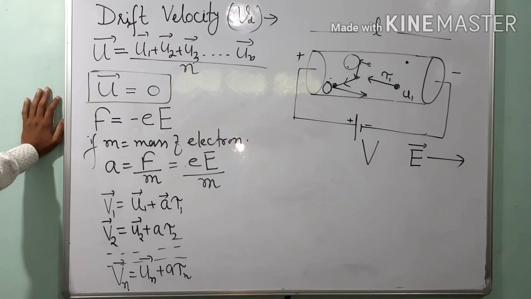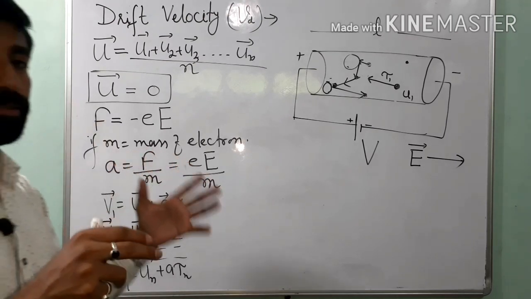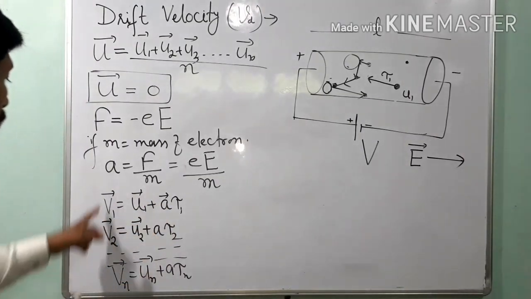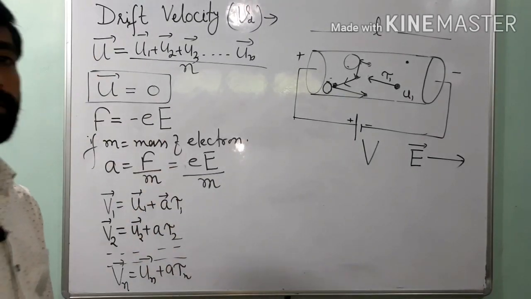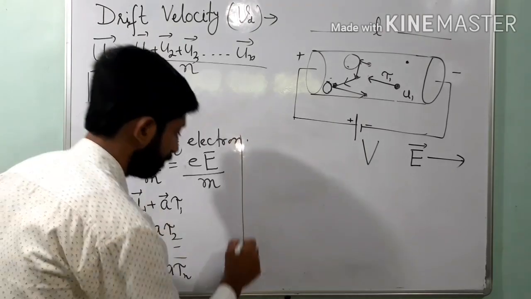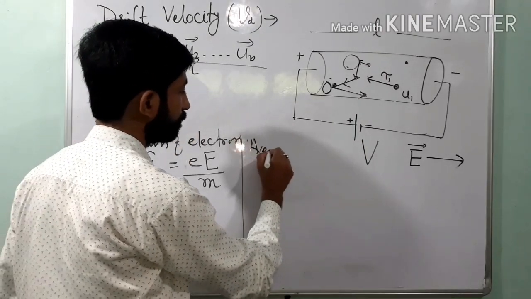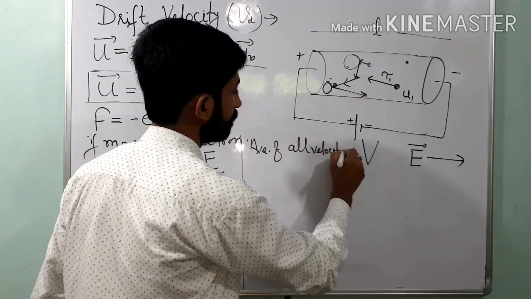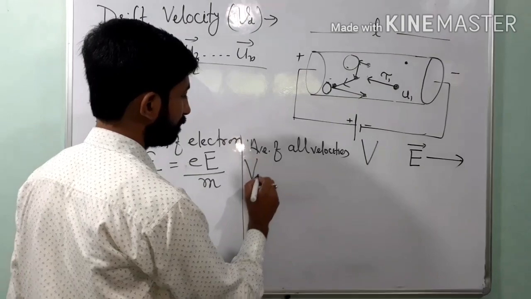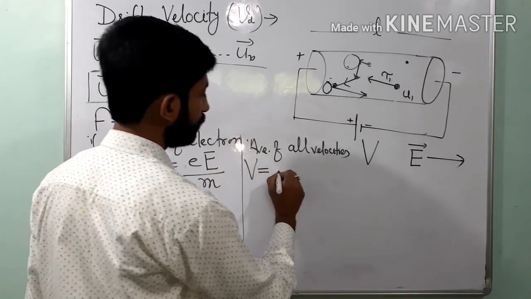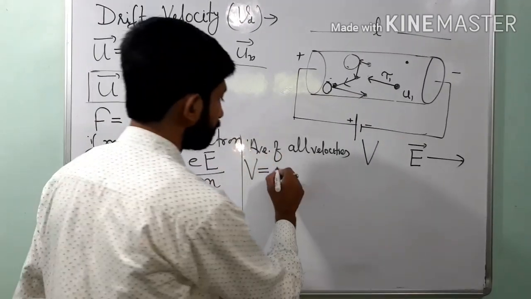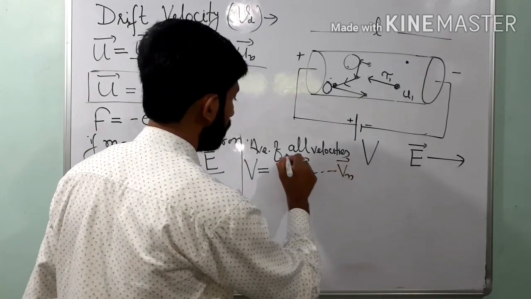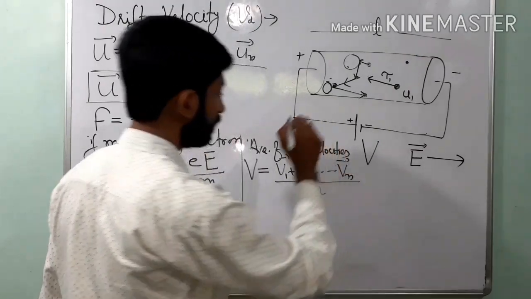It is given by Newton's first equation of motion. So on an average, now we are going to calculate the average of all these velocities. The average of all velocities, say v, is equal to the sum of all the velocities divided by the number of electrons.